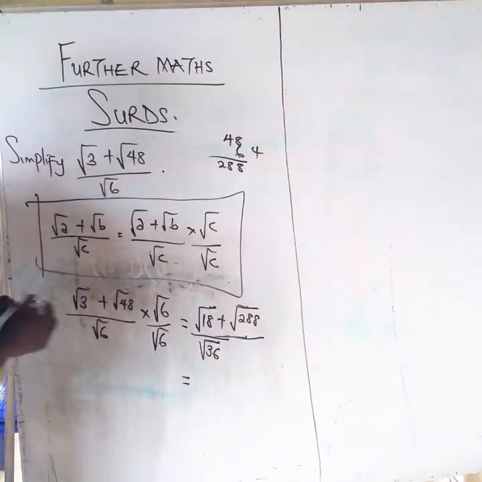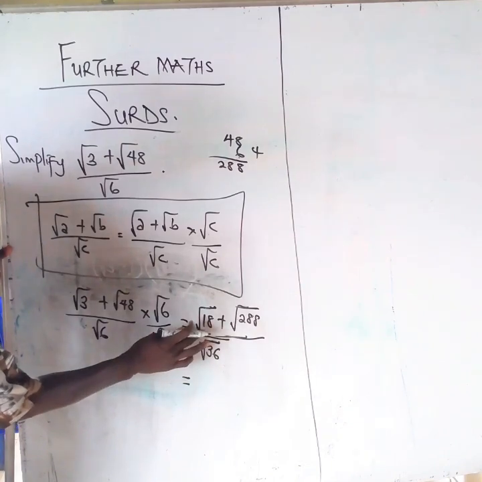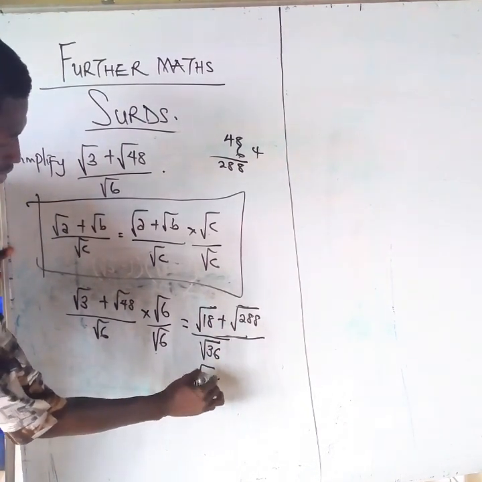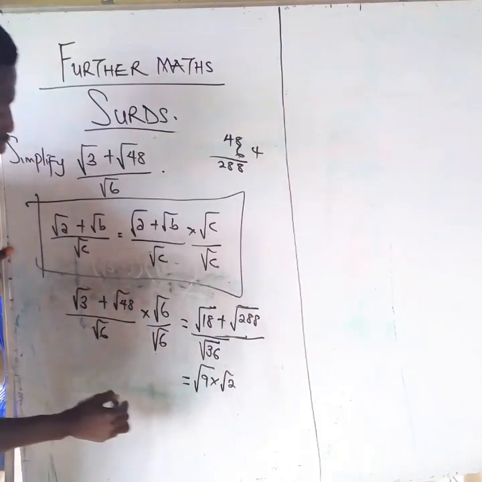Okay, so we can actually break this down. Now inside here you have square root of 18. You can break this down to becoming root 9 times root 2.